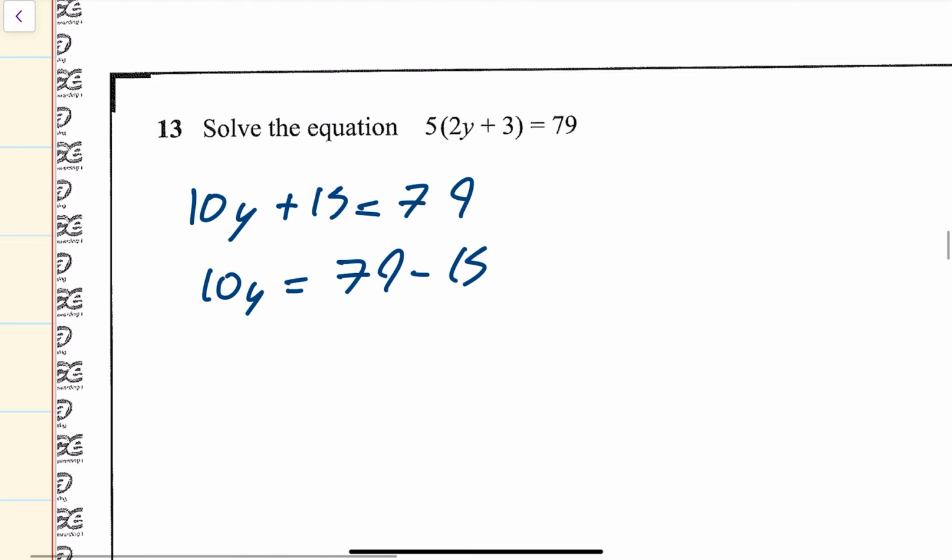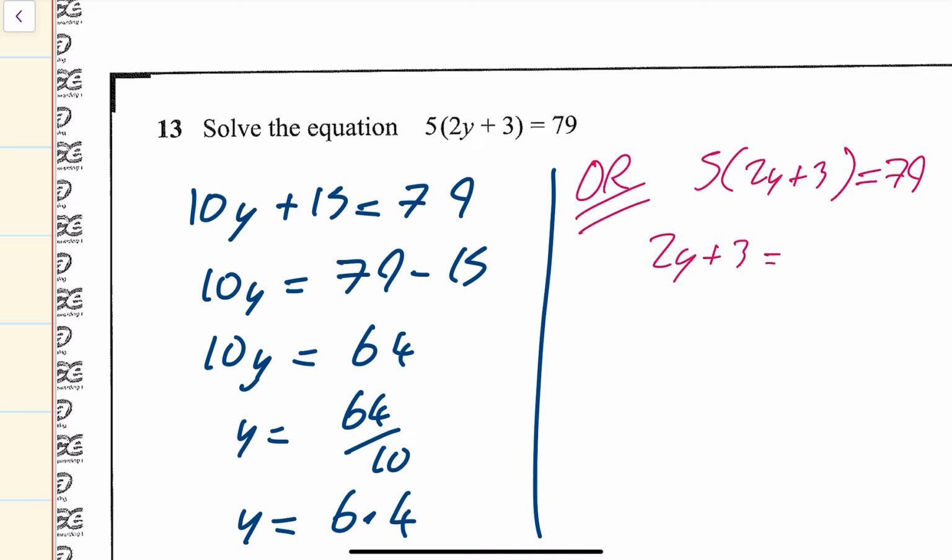Okay, or you may not like that and you want to do it a different way. So what have we got? We've got 5 times 2y plus 3 is equal to 79. You could divide straight across by the 5 and you'll get 15.8. Then take away the 3, so 15.8 minus the 3.